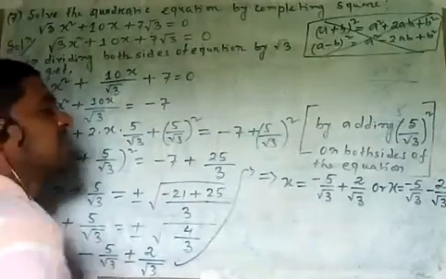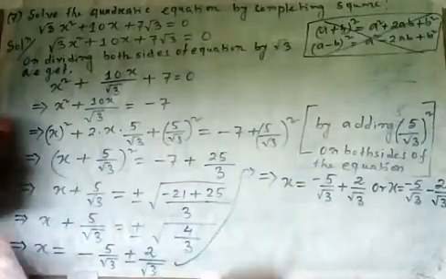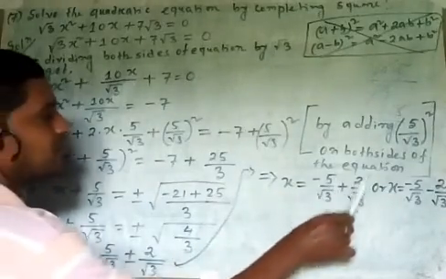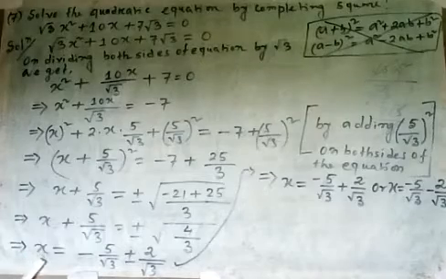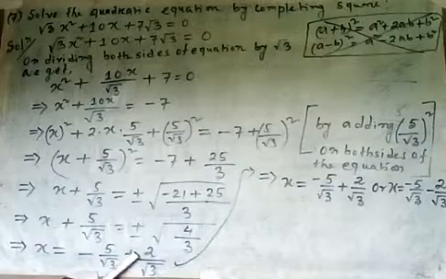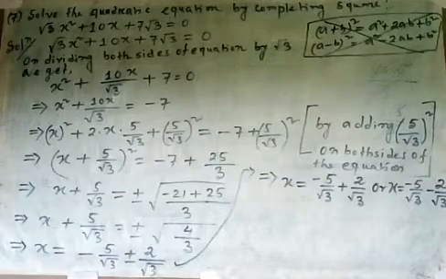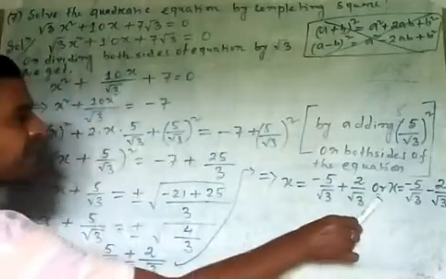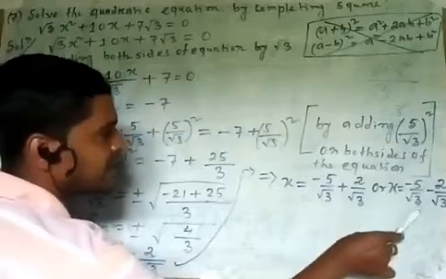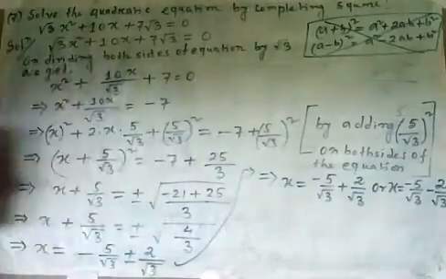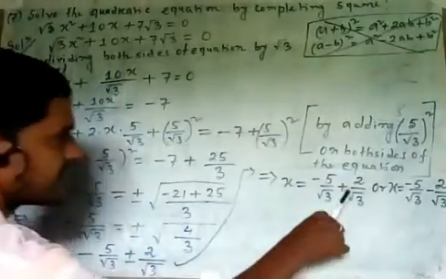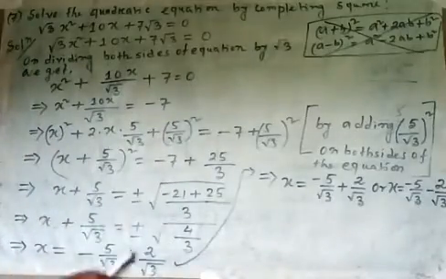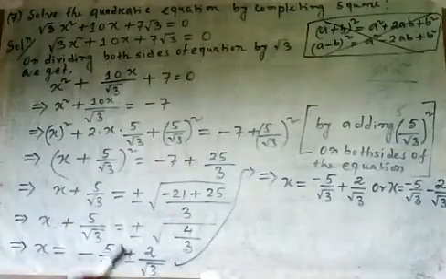It means what we have done here: x equals minus 5 by root 3 plus 2 by root 3, or x equals minus 5 by root 3 minus 2 by root 3. It means once we have to do plus, once we have to do minus, because here we are getting plus minus.